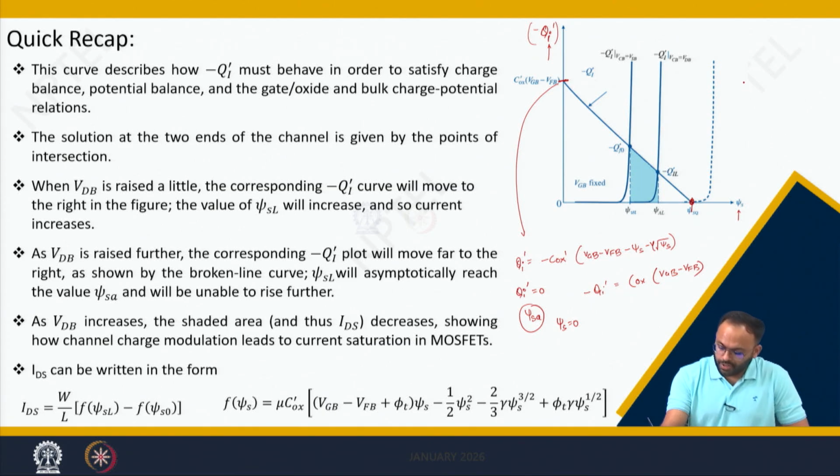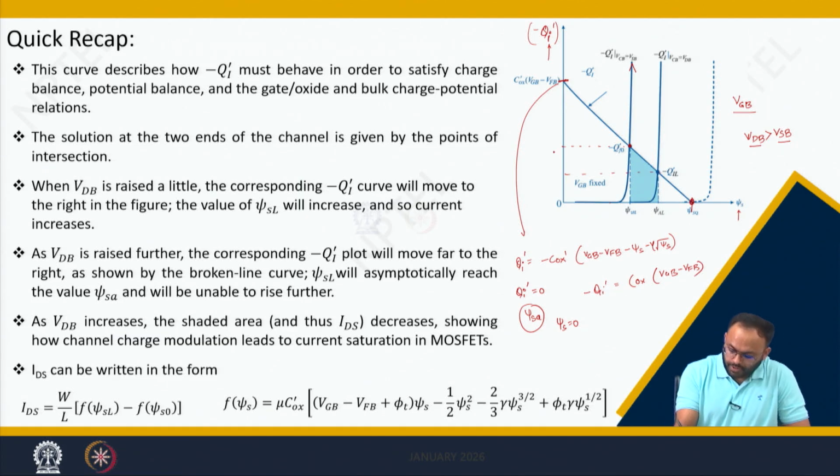In between, we considered this graph is plotted for a constant value of VGB and we are varying the VDB. Initially we assumed that VDB is higher than VSB, but in the non-saturation regime, when you plot the Qi dash versus surface potential, you will get this graph where these points are the solution of these two equations.